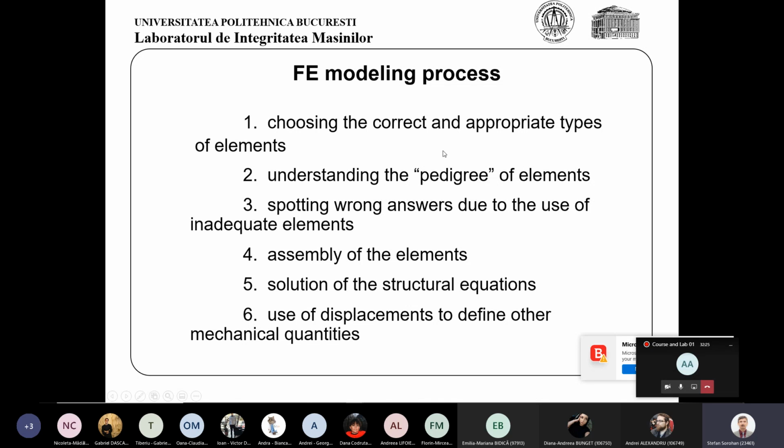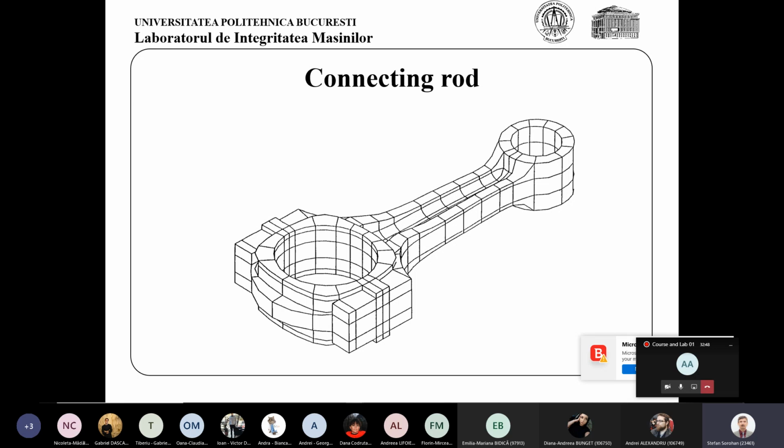So, but the input data is our responsibility. And after the solution, again, we must use the displacement for each element to define other mechanical quantities, mainly stresses, for beginners.